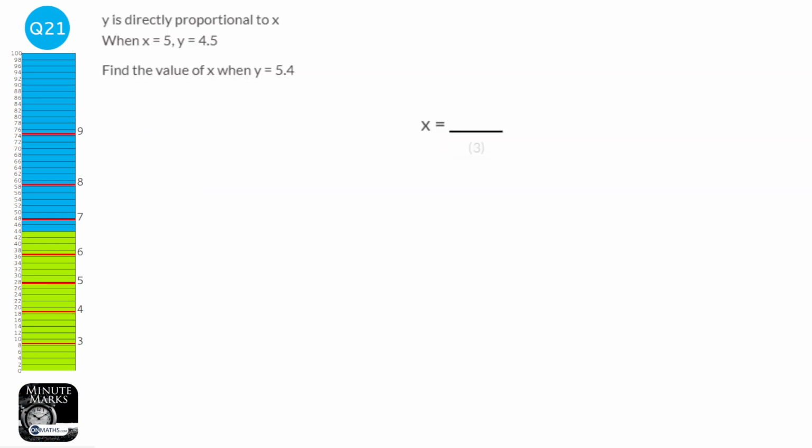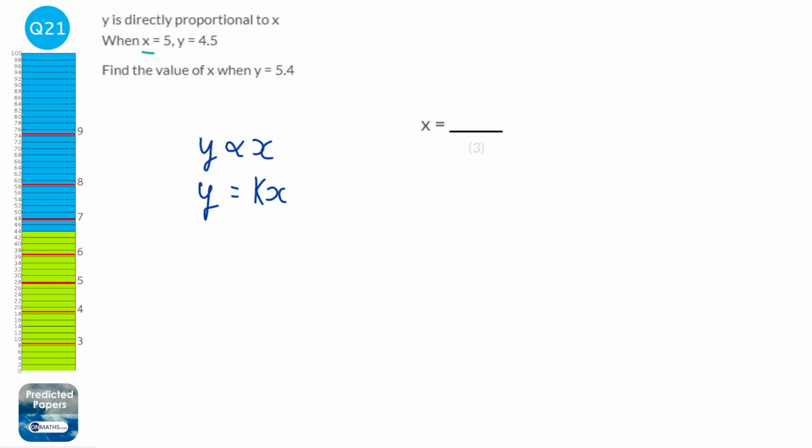So we're told that y is directly proportional to x. And so the first thing I'm going to do is replace that proportionality sign with an equals. And to do that, we need to introduce k. So y equals kx. So you just multiply the right-hand side by k. Then I'm going to substitute the values it's given us.